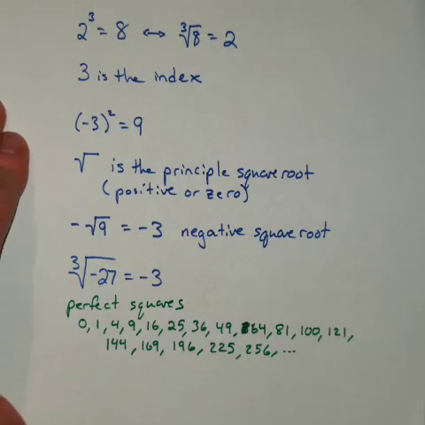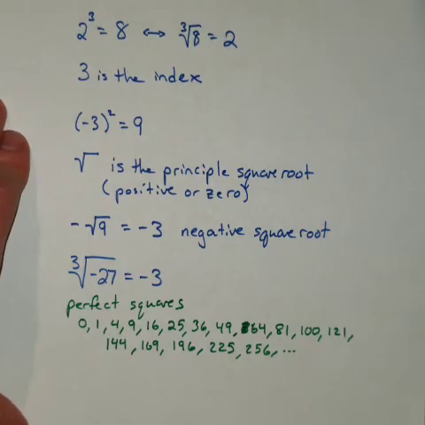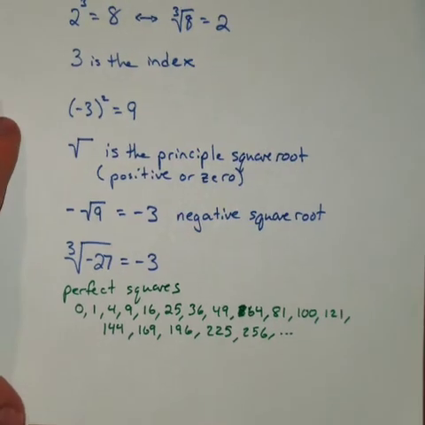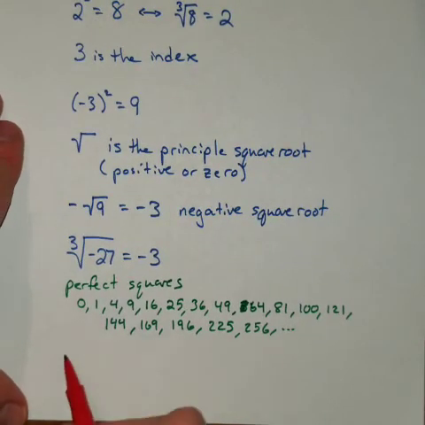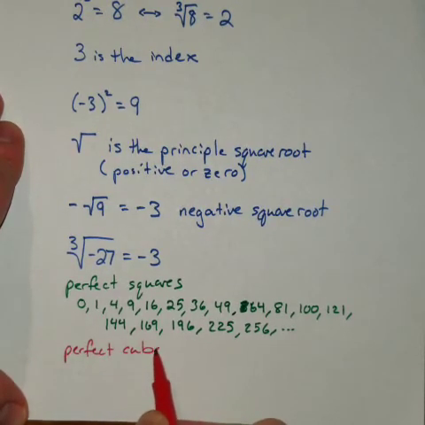So the square root of 196 is 14. That should be a pretty quick one for you. The square root of 81 is 9, and so forth. I also want you to be very familiar with perfect cubes. Now these are a little bit harder because they are third powers.